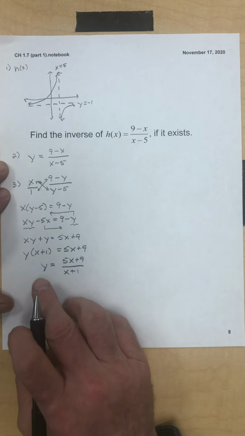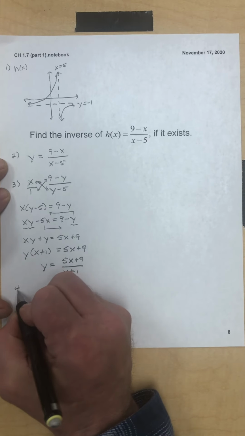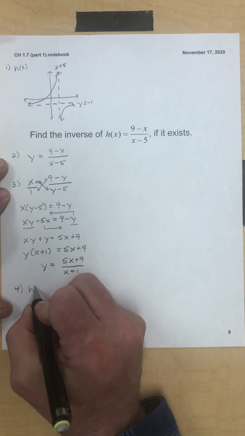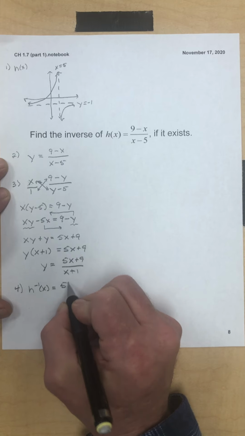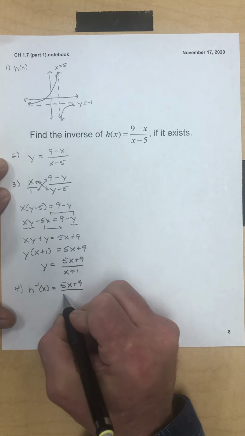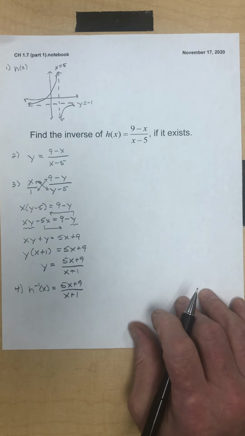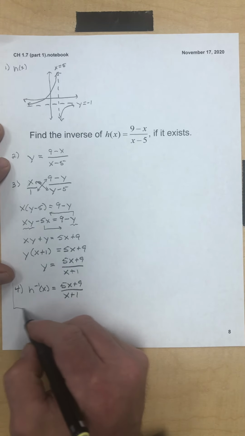So now I just go back to function notation, and this is an inverse. So this guy becomes h inverse. So h inverse of x equals (5x plus 9) over (x plus 1), like that. All right, so I have my inverse function.